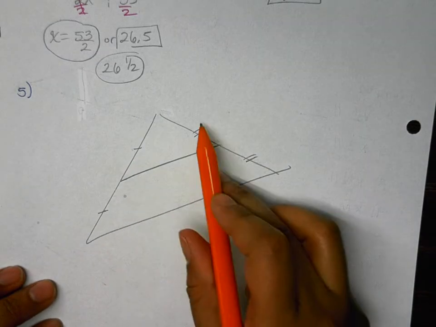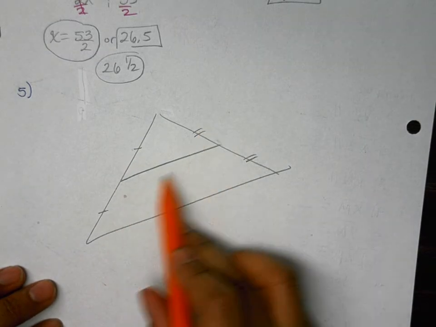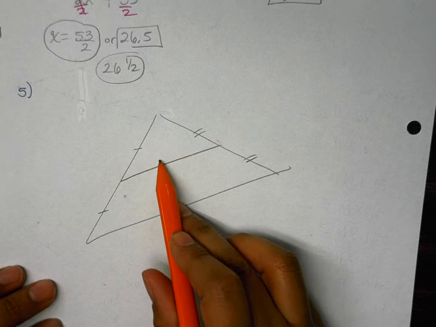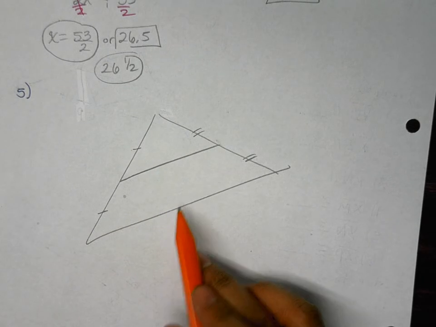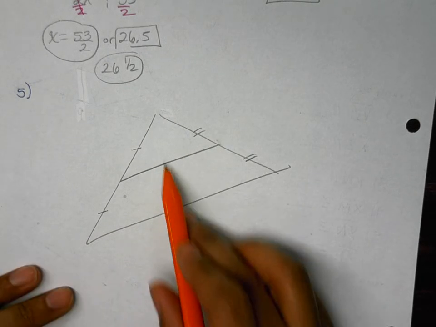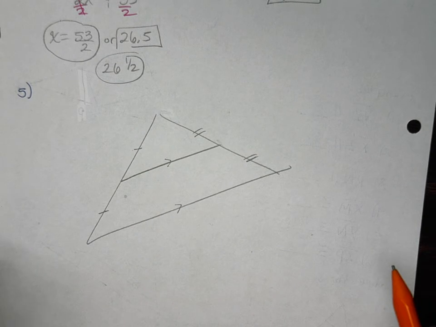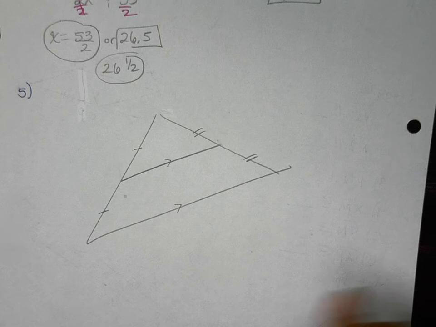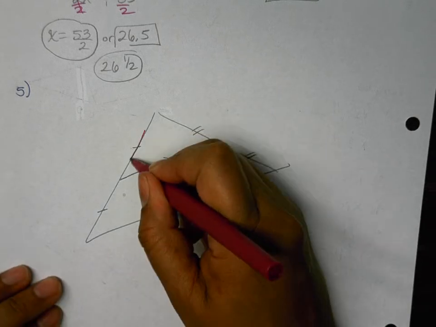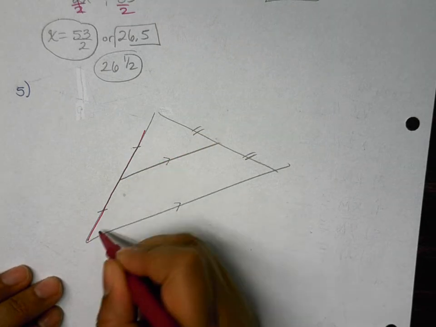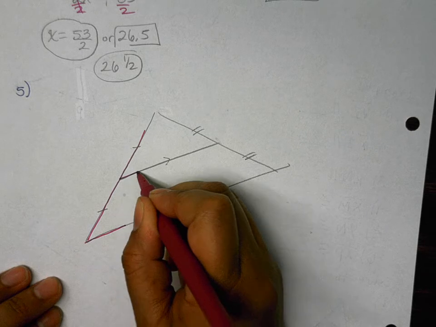What did we say? According to these markings, this is called the what? Which means that these two lines, not about lengths, about parallel or perpendicular, these two lines are? Okay. Do I see a Z shape anywhere in this picture? No. Do you guys see the upside down F?